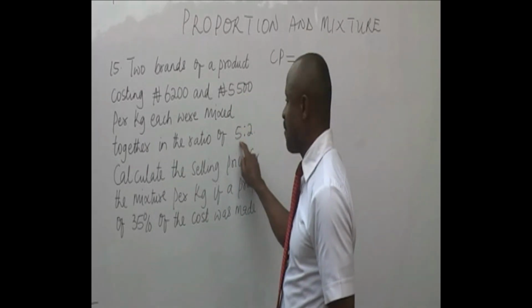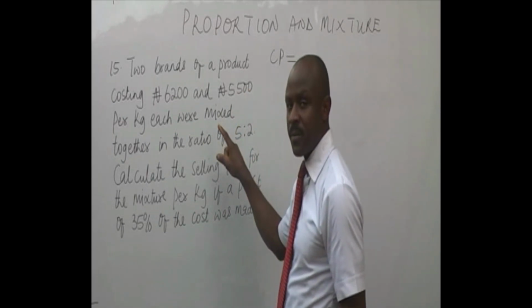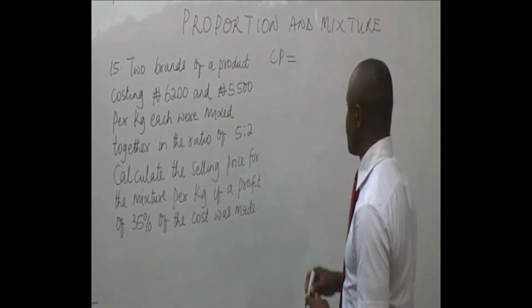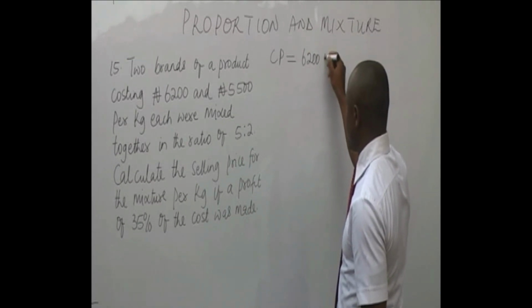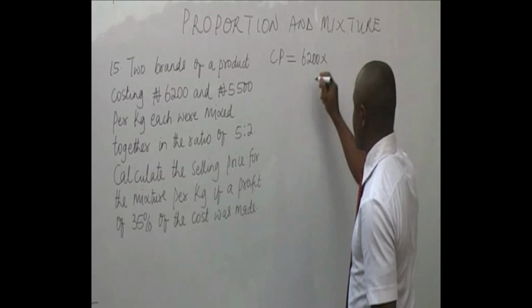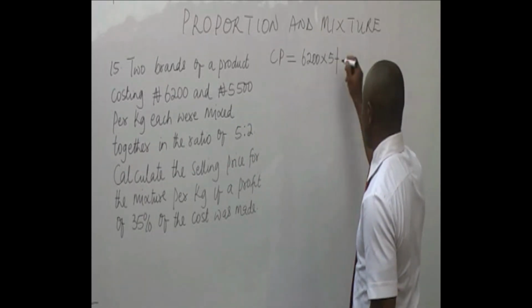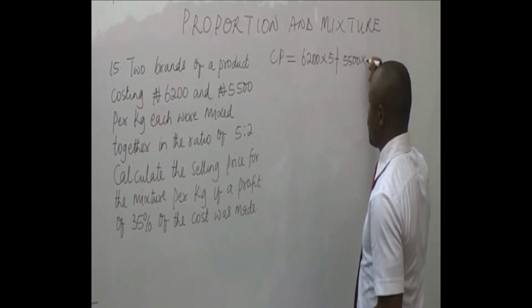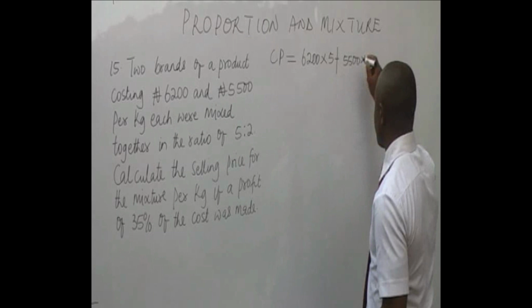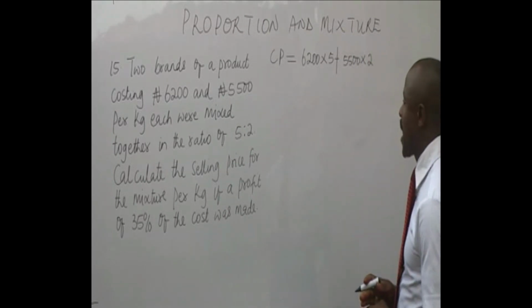But there are 5 of this and 2 of this in the mixture. So the cost price now is going to be 6,200 times 5 plus 5,500 times 2 is giving us the cost price.